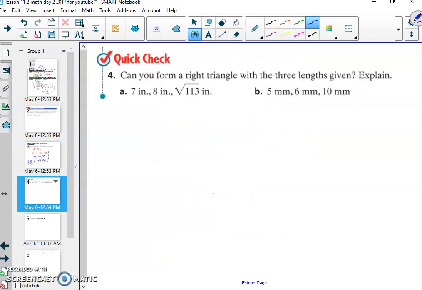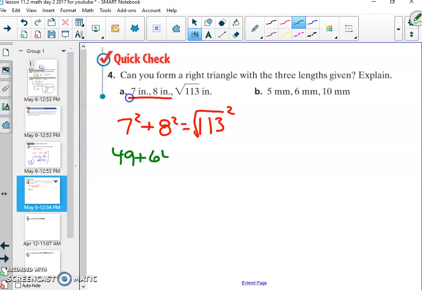You're going to do the same thing on these two problems. Pause the video, come on back. So the two short sides, 7 squared, 8 squared, 113, square root of 113 squared. 49, 64.